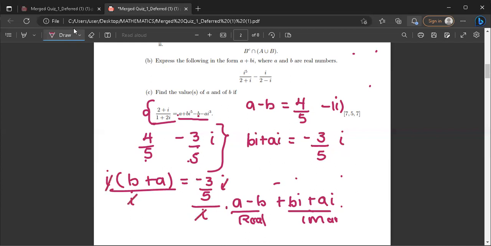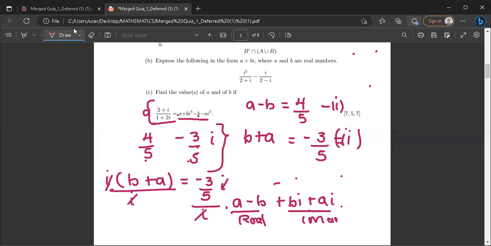We're just going to remain with b plus a is equal to 3 over 5, just like this. This is going to be our equation 2.